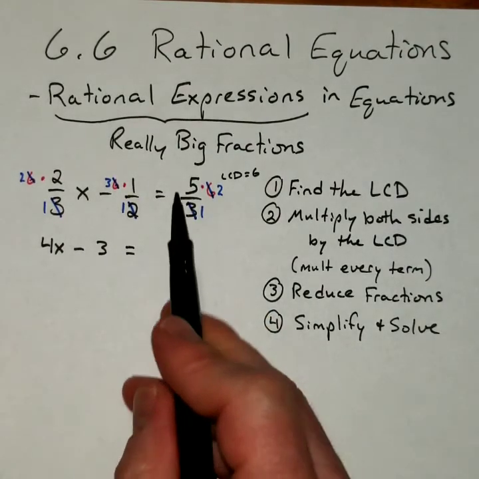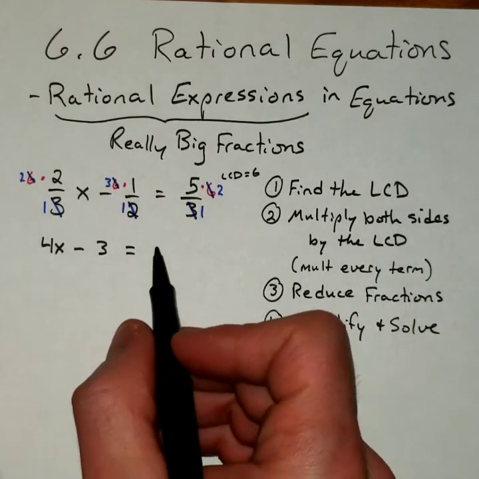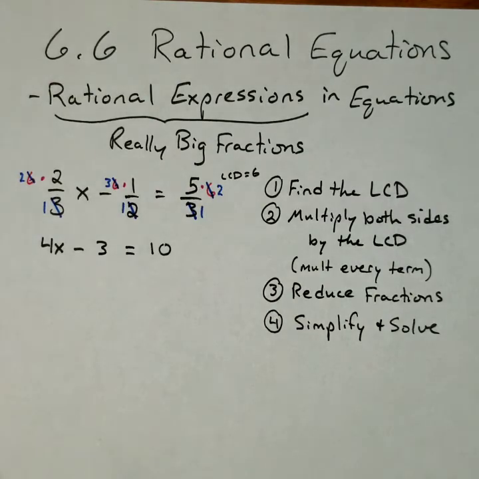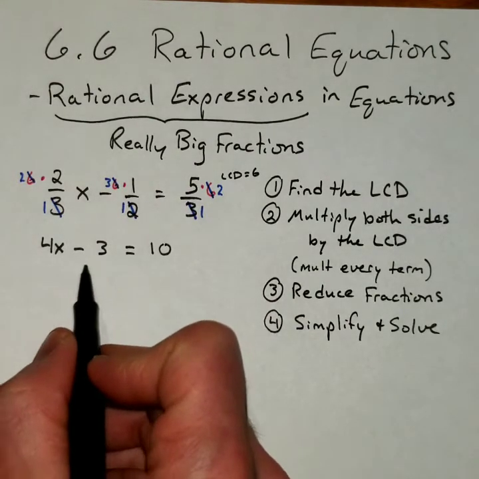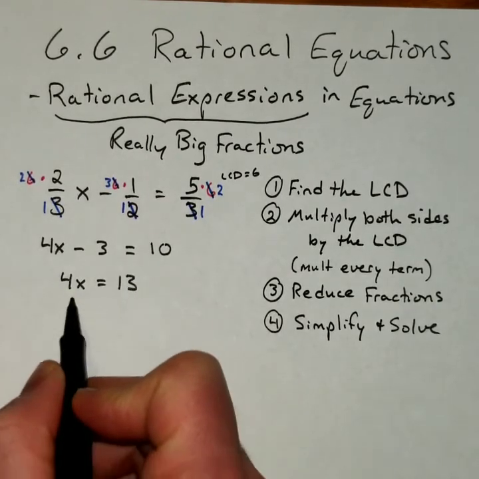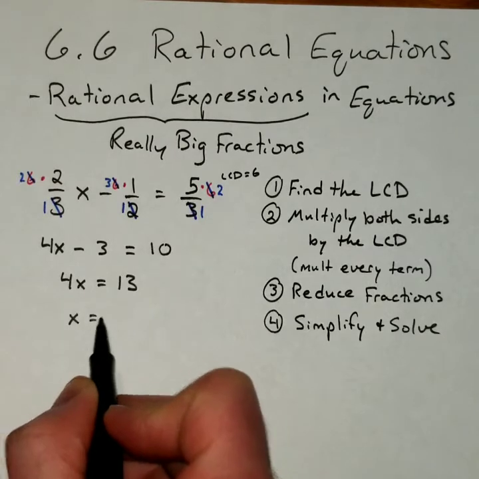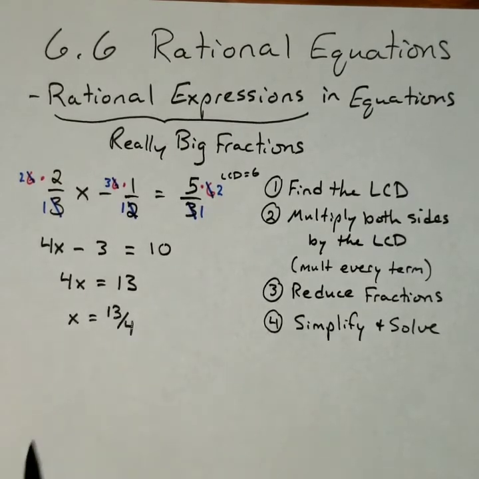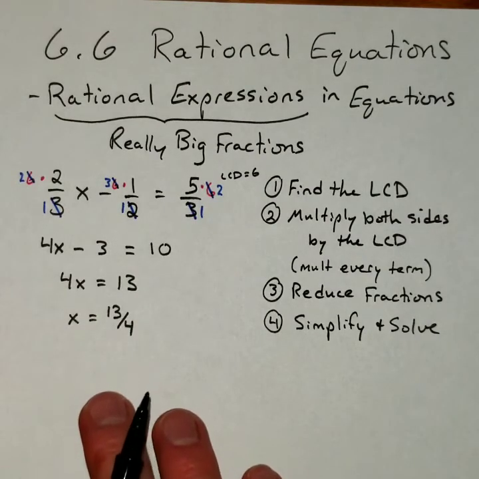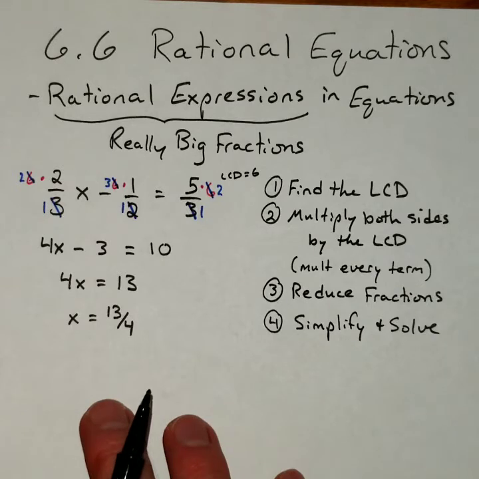And on the right side I have a 5 times 2, which is 10. So 4x minus 3 equals 10. We'll just solve that. Add 3 to both sides, 4x equals 13. Divide by 4, so x equals 13/4.